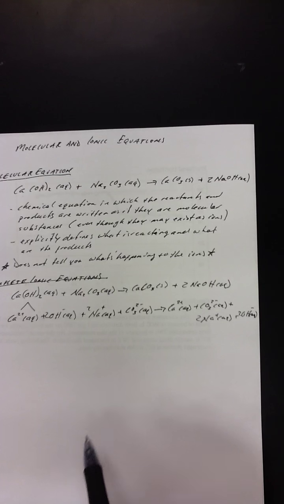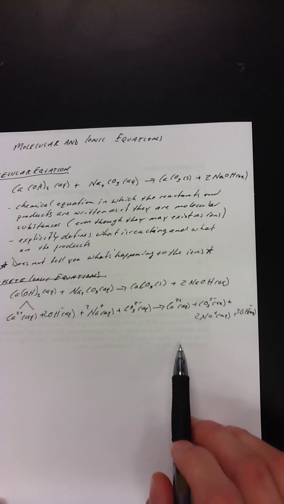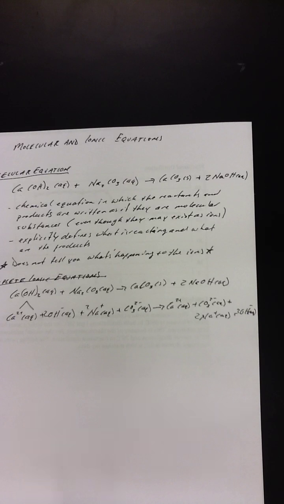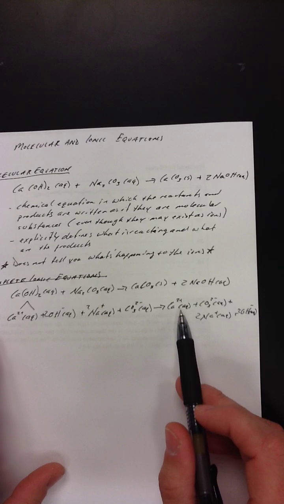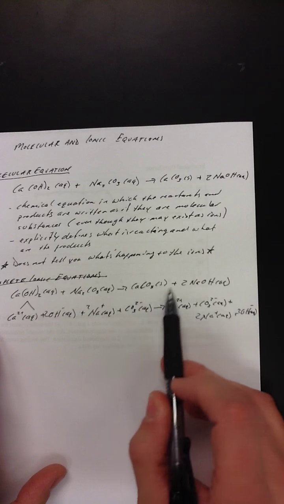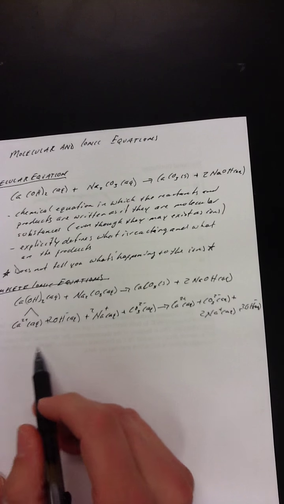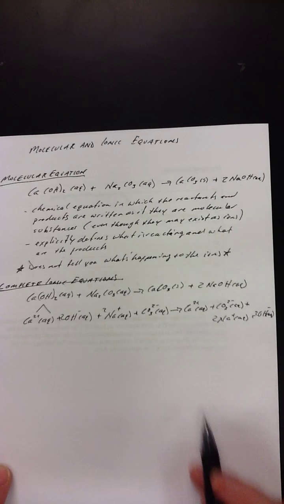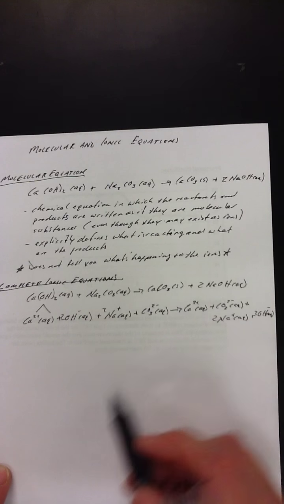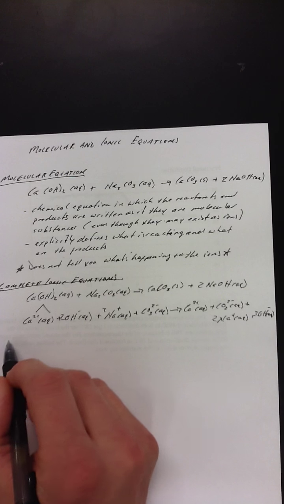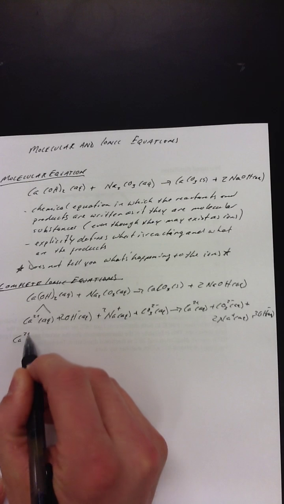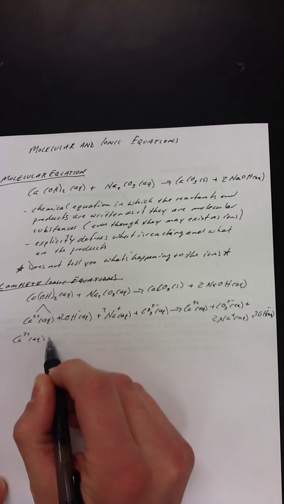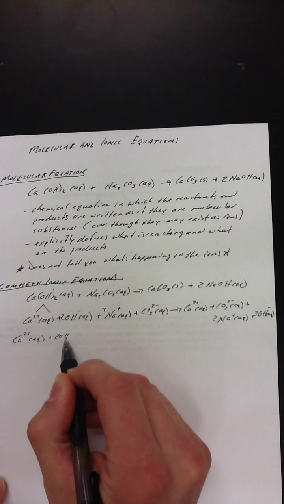We can take a look at the product side of the equation. One of the products is the calcium carbonate. If we know that this is going to be a solid precipitate, we can rewrite this whole equation and just leave calcium carbonate as that. We can say calcium 2+. Make sure you leave yourself plenty of room, because they end up taking up a lot of space.